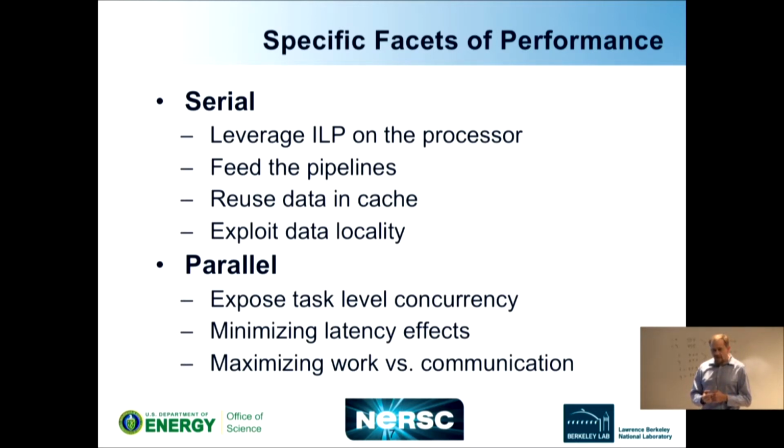Whether a code is latency bound or bandwidth bound is one of the things that potentially a tool can tell you. It may not be the first thing that it tells you, but that's in the class of measurements and diagnostics that you can get from a tool.